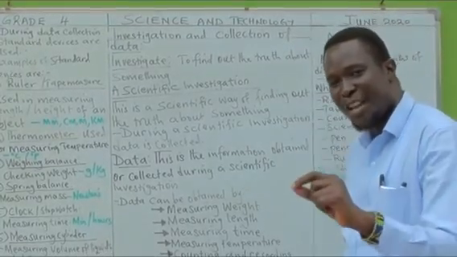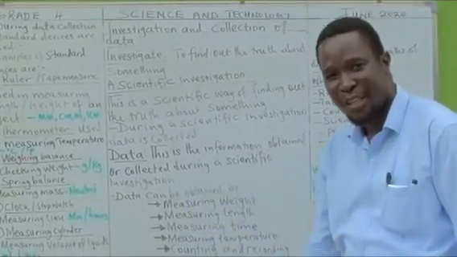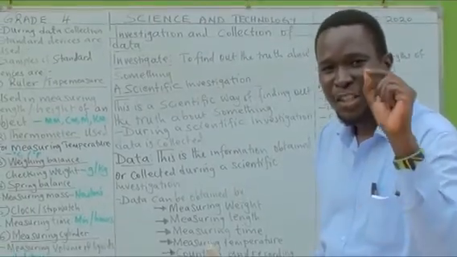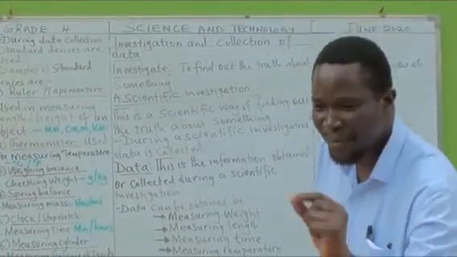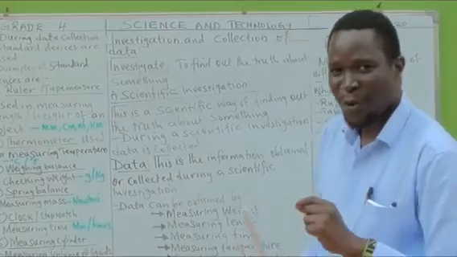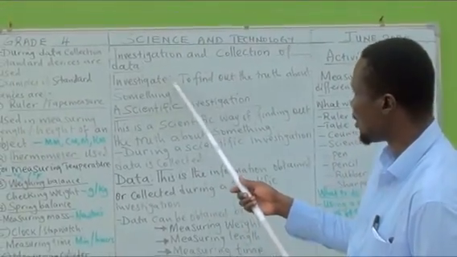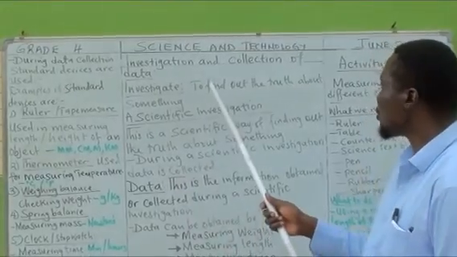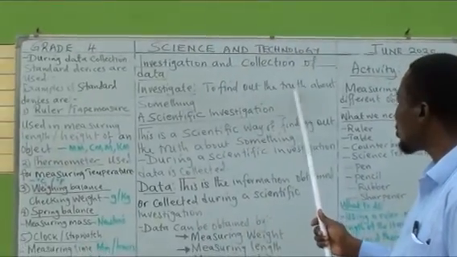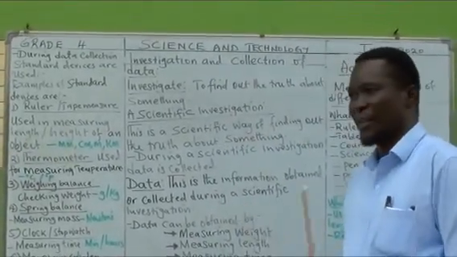If there's a problem, we devise ways and means of finding the truth about that problem. So what we are doing in that case is investigation. To investigate is to find out the truth about something.